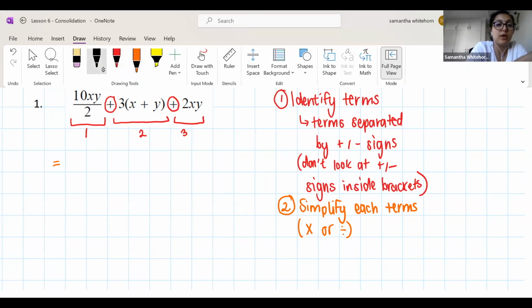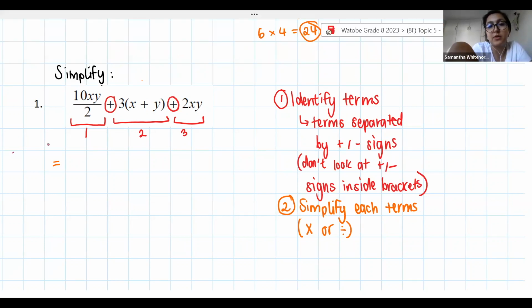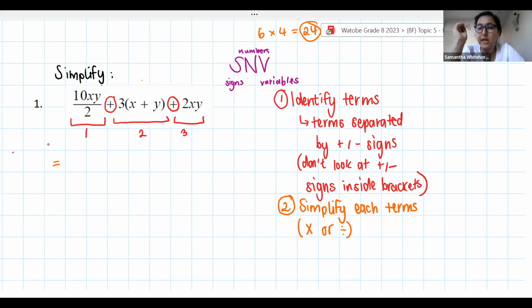Now, guys, remember, when we are simplifying terms, so when we're multiplying or dividing, we want to remember our SNV, our signs, our numbers, and our variables. If we do our multiplication and division in these steps, we can make sure that we're doing it correctly. So if I look at term 1, I've got a positive 10 divided by a positive 2.